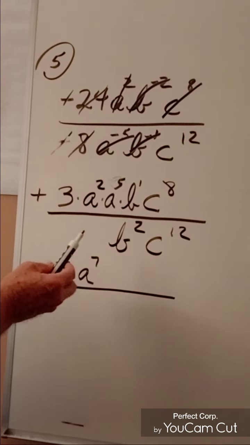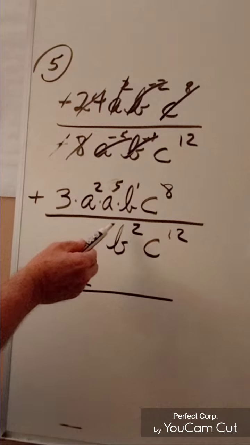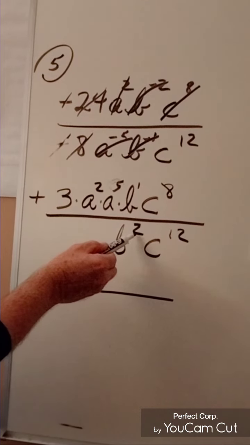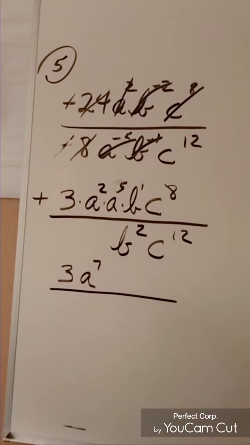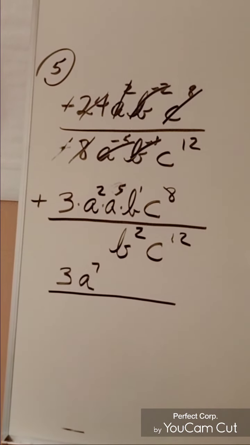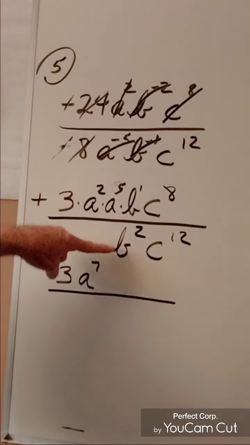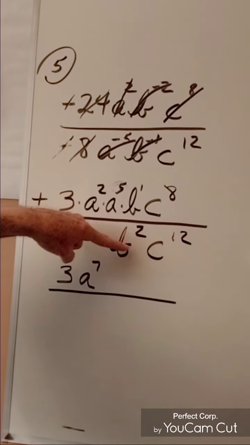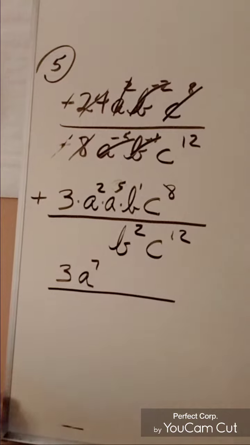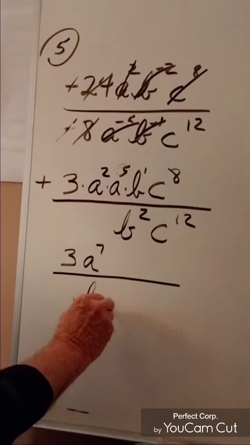What else can we do? If we take the exponent on the bottom and subtract the exponent on the top, we'll be left with one factor of B, which is going to remain on the bottom because there are more factors of B on the bottom than there were on the top.